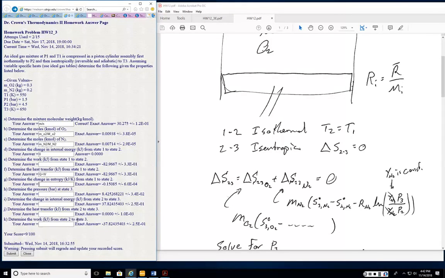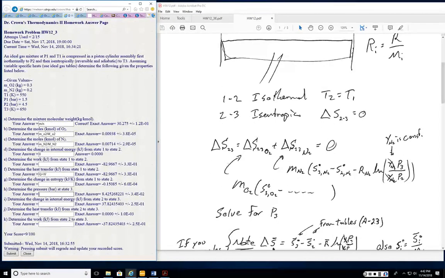For process 2-3, they don't cancel because we're changing from temperature T2 to T3. In this case, it's an isentropic process. Now, for process 1 to 2, this is just an isothermal process.